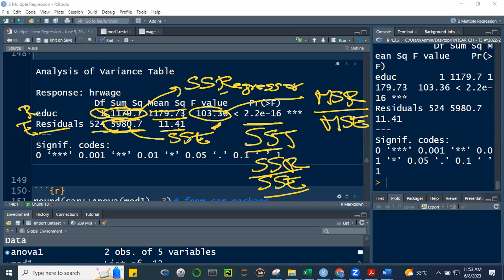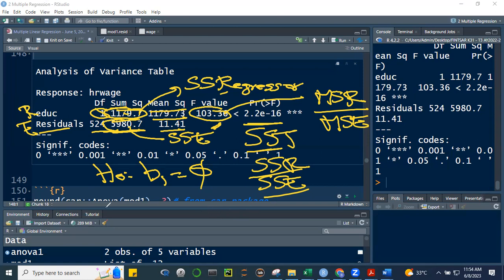You notice, class, that this is of course an inferential statistic. We're testing something here. What's our null hypothesis? Our null hypothesis is that your regressor B1 is equal to 0.